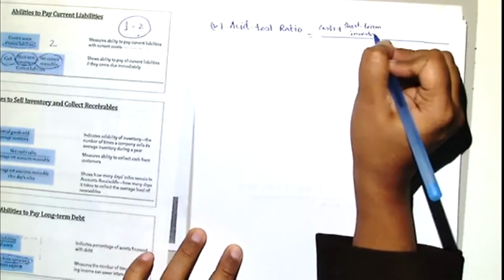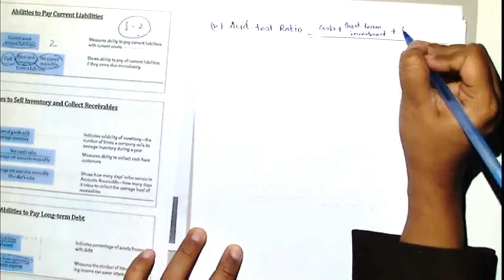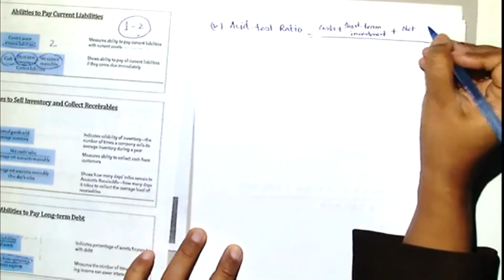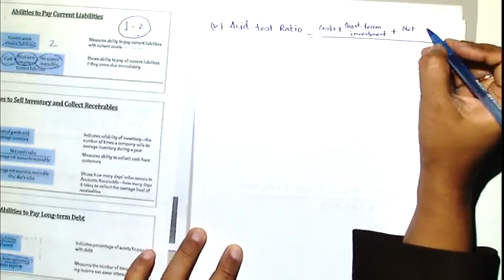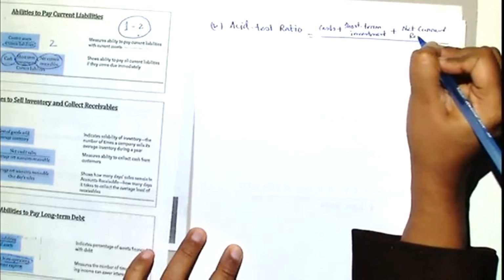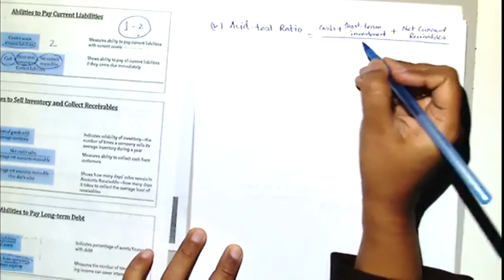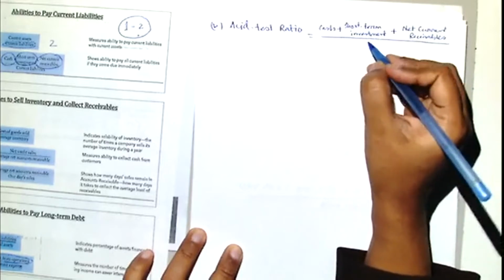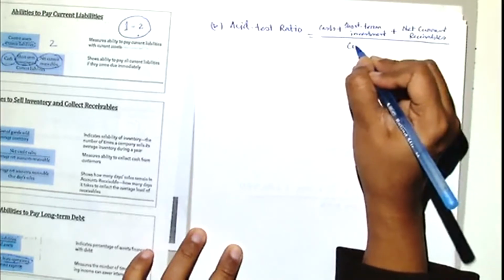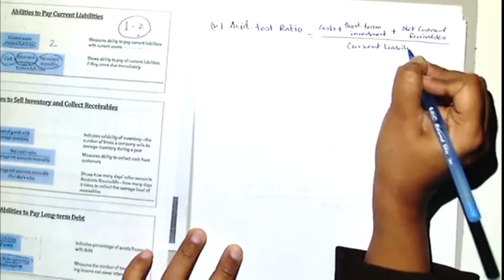Liquid means how quick you can convert something into cash without losing its value. And your account receivables or net current receivables. These are the 3 parts that should be your numerator, or the top part, and the bottom part is current liabilities.